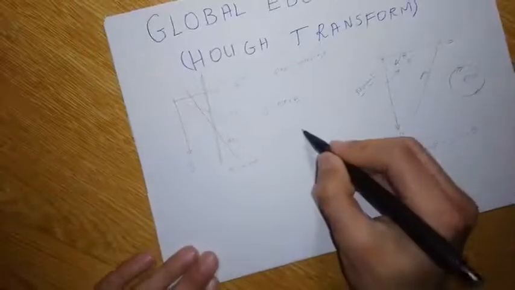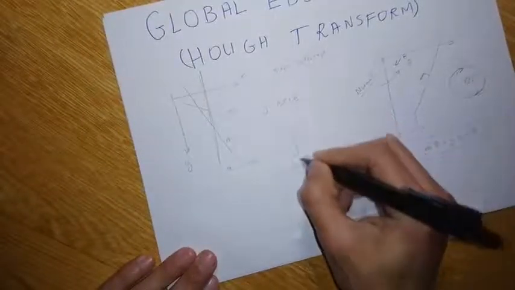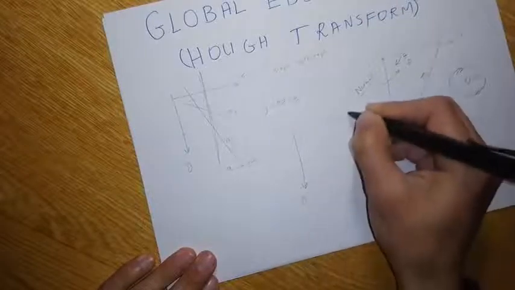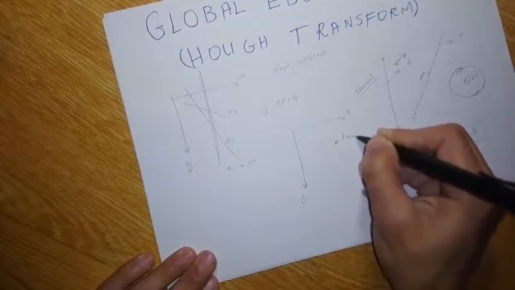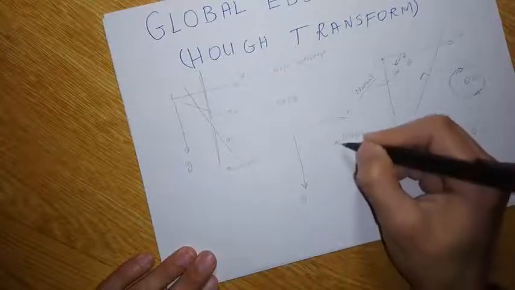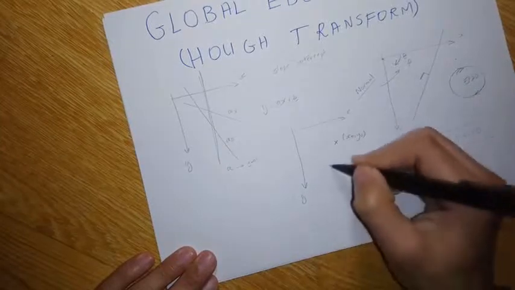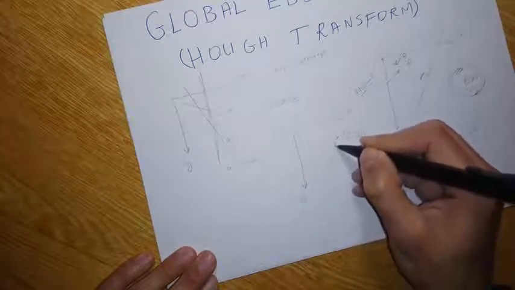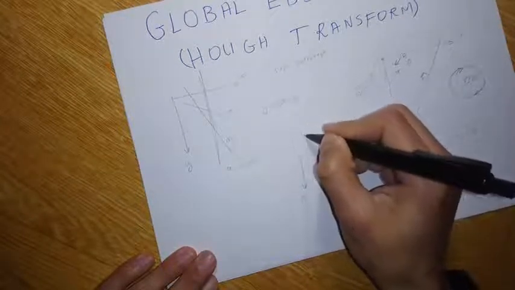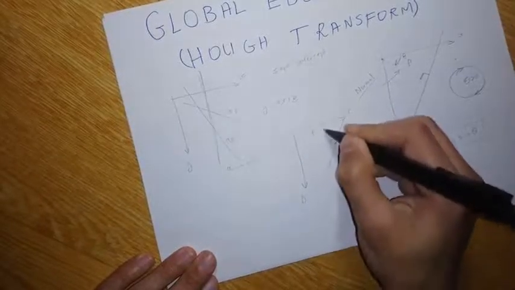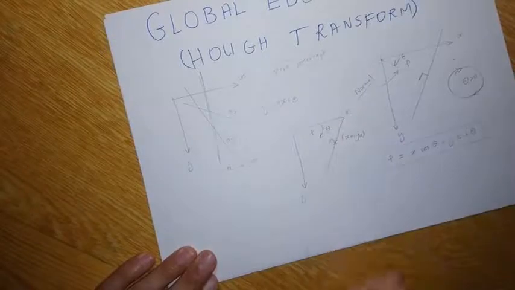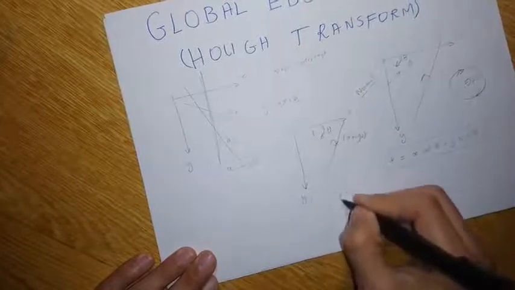So let's say, for example, that I have an edge point here that has coordinates x0, y0. So the following line that has this rho and this theta satisfies this equation.